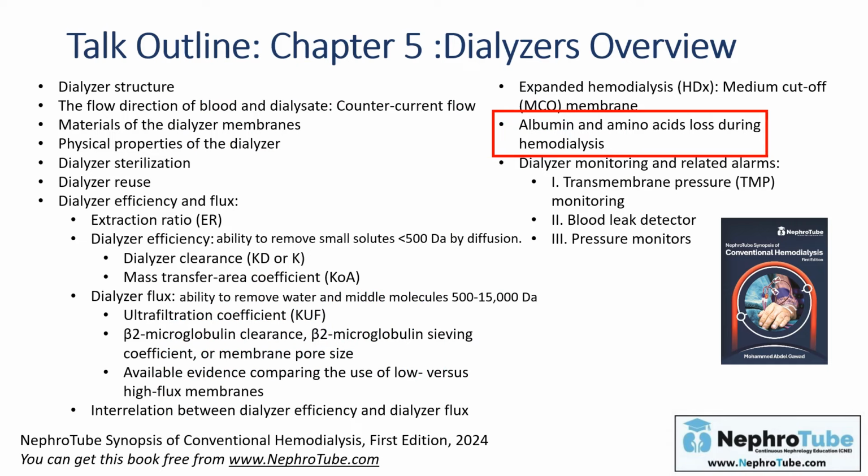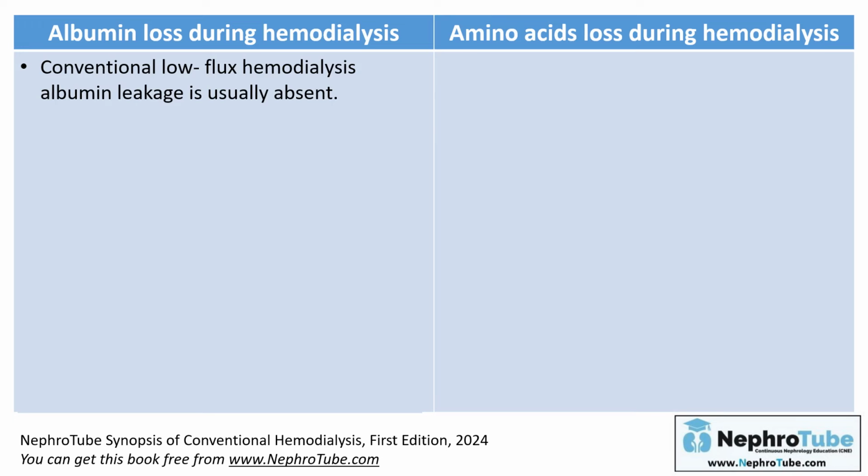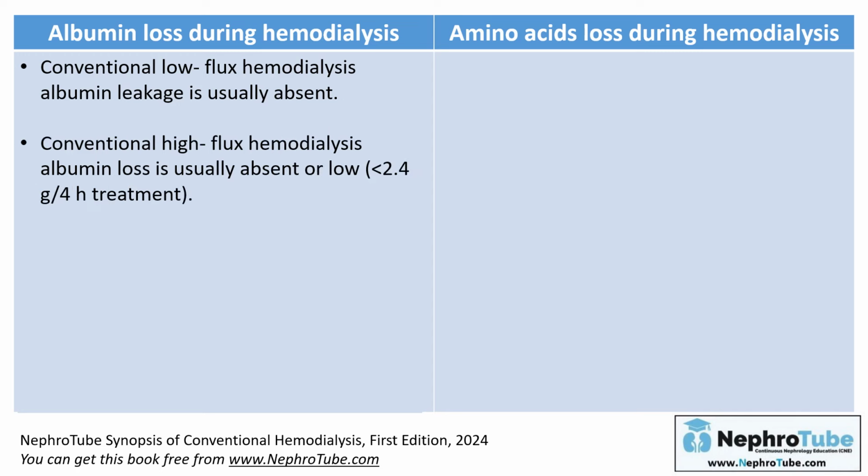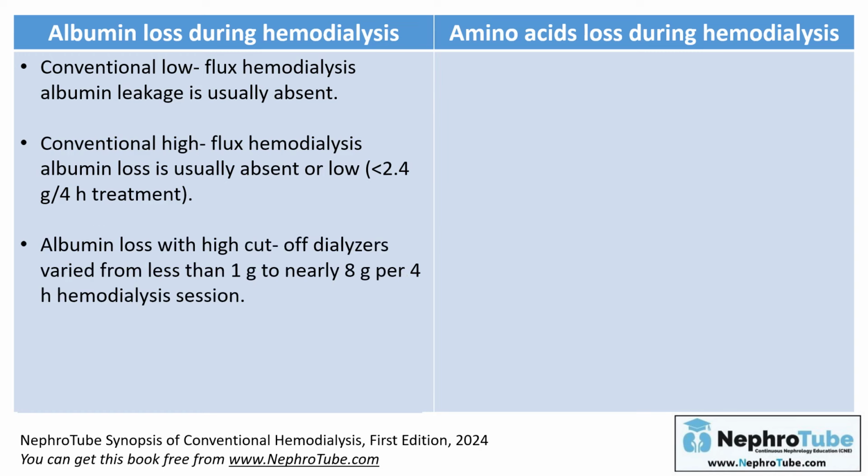The next point that we will mention is albumin and amino acid loss during hemodialysis. In conventional hemodialysis using low flux membranes, albumin leakage and loss is usually absent, while with the use of high flux dialyzers during conventional hemodialysis, there will be albumin loss, but in very low proportion, less than 2.4 gram per 4-hour treatment.